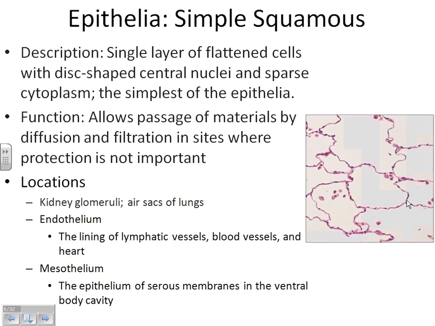Would you put a really thin piece of tissue somewhere that you needed those cells to be able to manufacture and secrete something? Well, you could, but if I want to make something, am I going to take something really, really tiny and try to squeeze all the stuff in it to make something? It'd be kind of hard, right? What about, would I put this type of tissue somewhere that I want stuff to be able to pass back and forth across it? That makes sense, right?